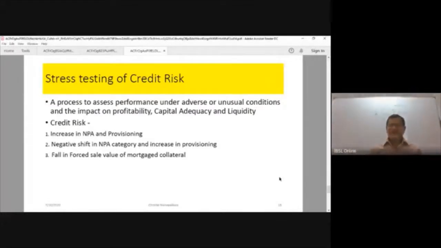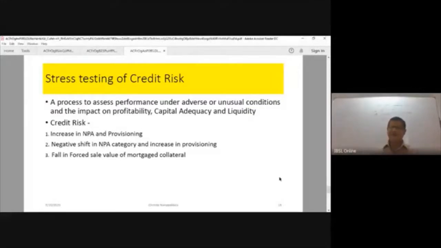When profitability gets affected, it also affects the annual profits the bank earns, which partly will be given as shareholders' dividends. We also reserve a certain amount of profits into reserves.